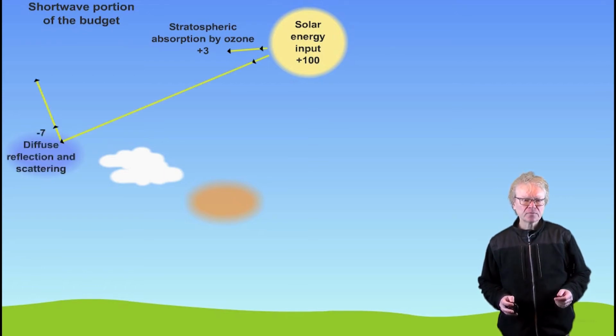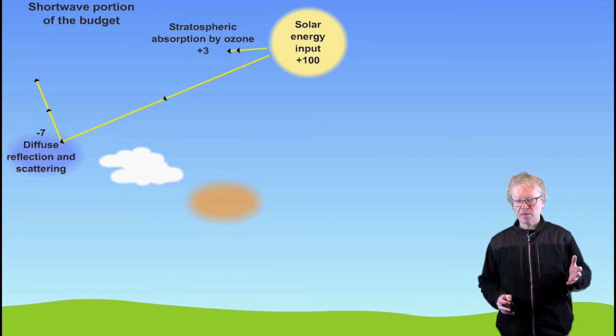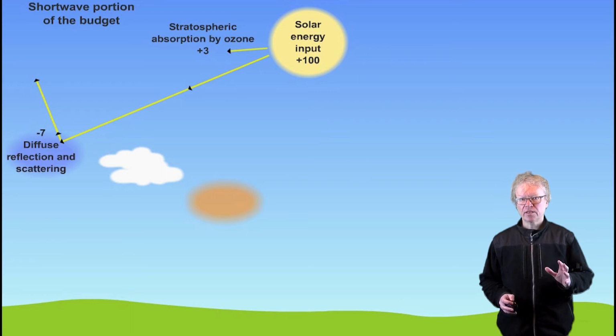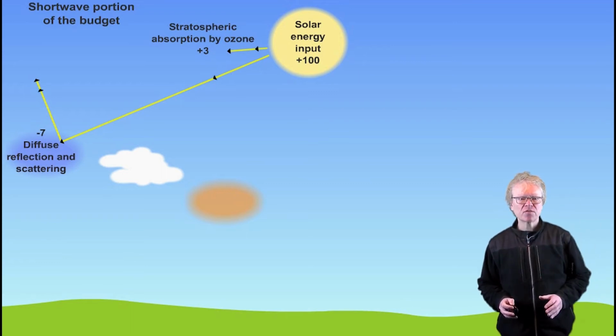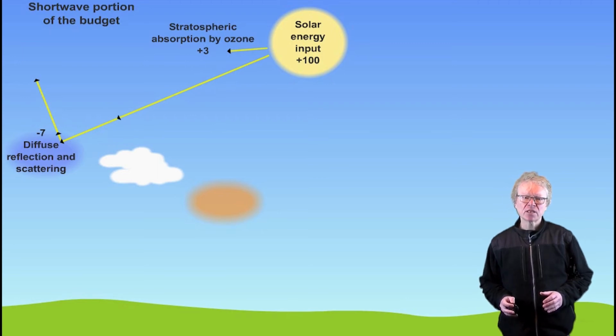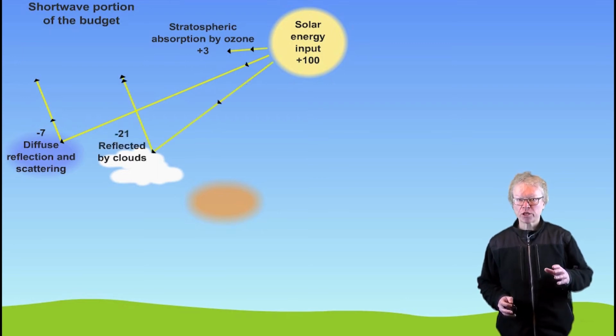After that, 7% is lost to the atmosphere because it's reflected by the gases in the atmosphere. Okay, so 7% is reflected out just by the general gases in the atmosphere, and 21% is also reflected by the cloud layer of the Earth.